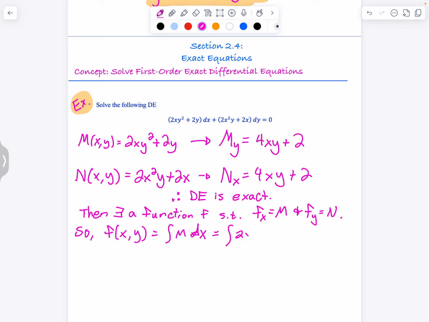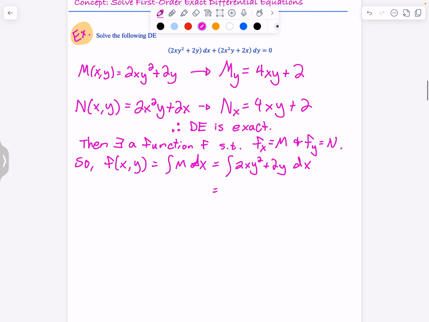The integral of 2xy squared plus 2y dx, I go up by 1, divide by the new one, so that's x squared y squared plus 2xy plus h of y, not C, right?